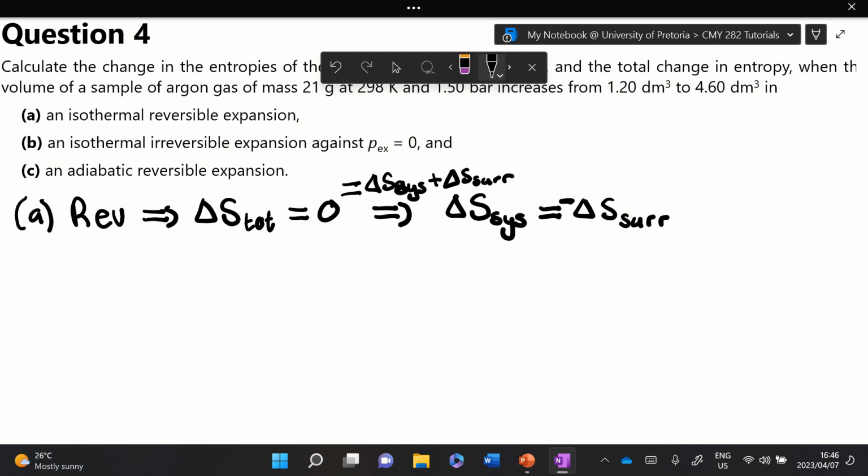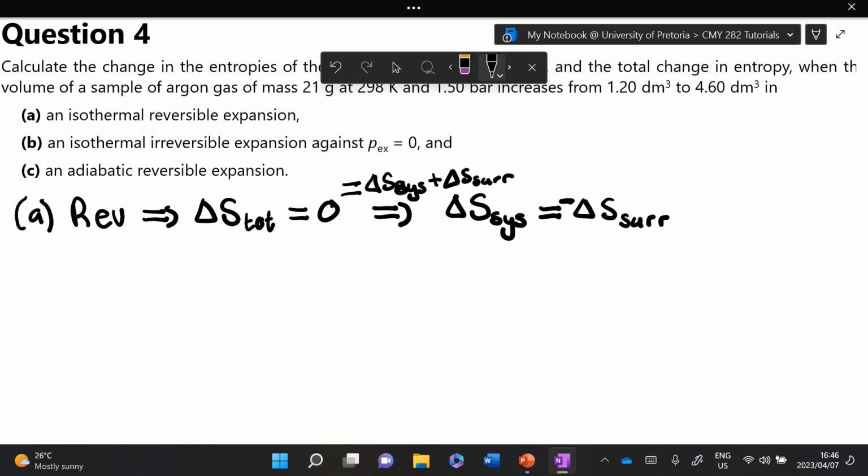Now, to calculate delta S surroundings, we would need information on the heat, and the only way to get that is from the work and the internal energy. The only information we have is an isothermal expansion. So heat is the negative of the work, and since it is reversible, we can use work is nRT ln Vf over Vi. That is an option.